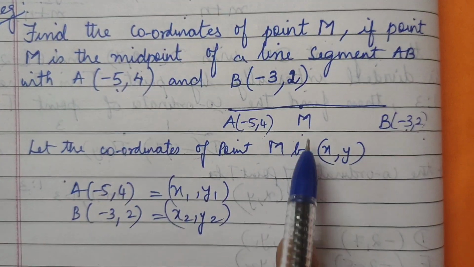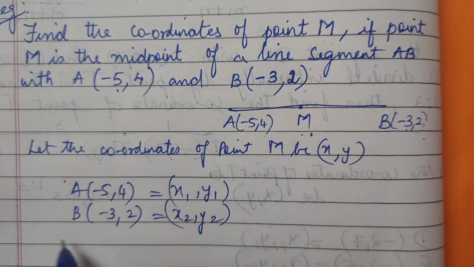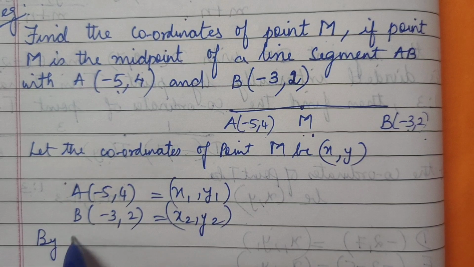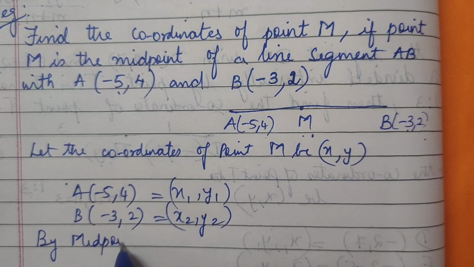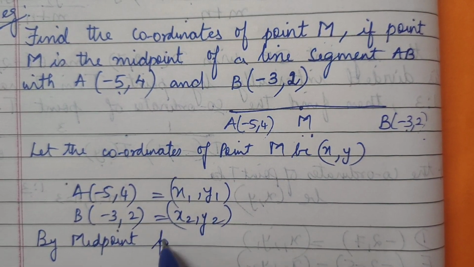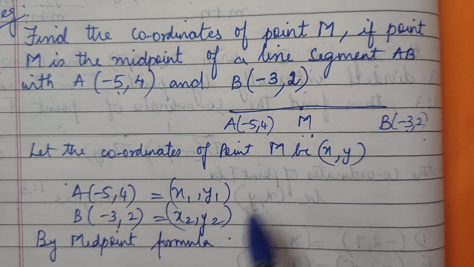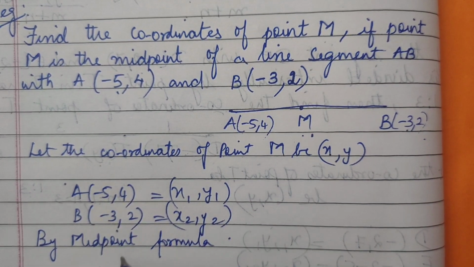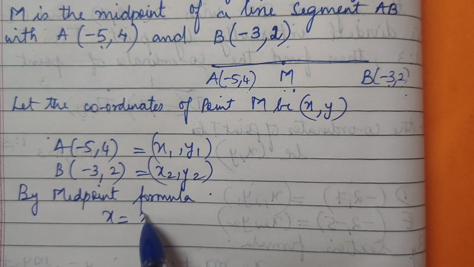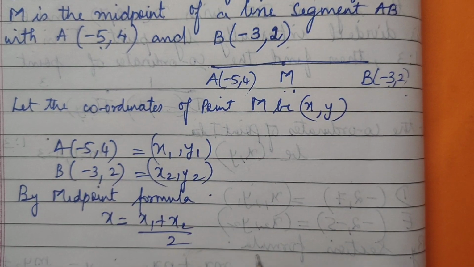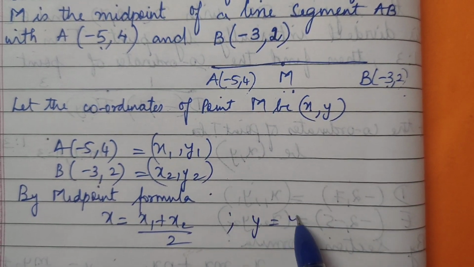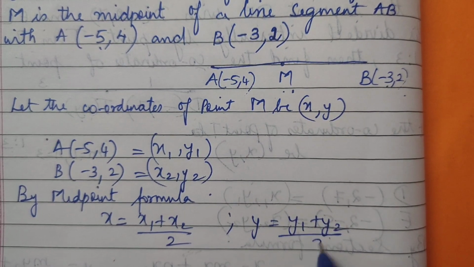Now we need to find this M point here. Is it or not, dear? So we will write it by midpoint formula. What is the first? We have to find the x coordinate here. So x equals to x1 plus x2 upon 2 and y equals to y1 plus y2 upon 2.